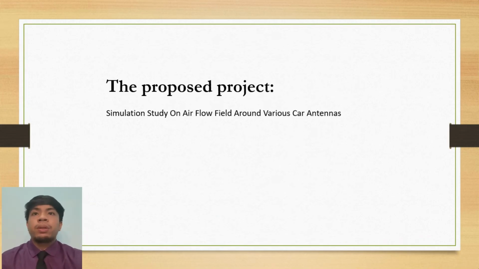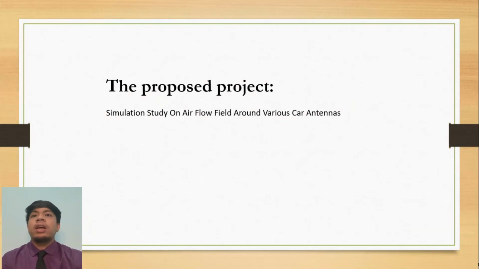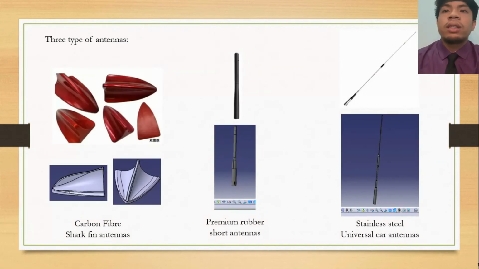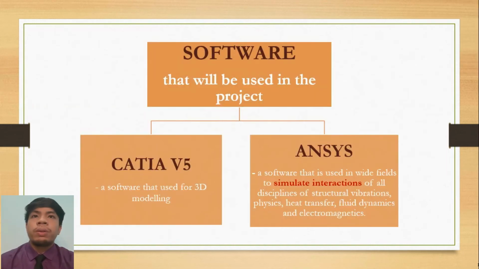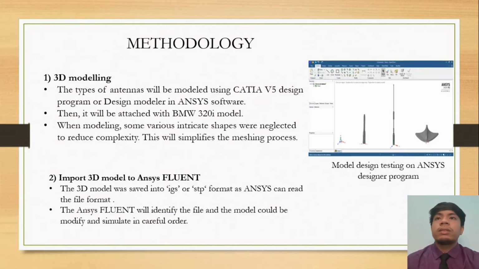My proposed project is the simulation study on airflow field around various car antennas. There are three types of antennas that I will be designing using CATIA V5. The software that will be used in the project is CATIA V5 and ANSYS software. Next, I will explain about the methodology of my project.